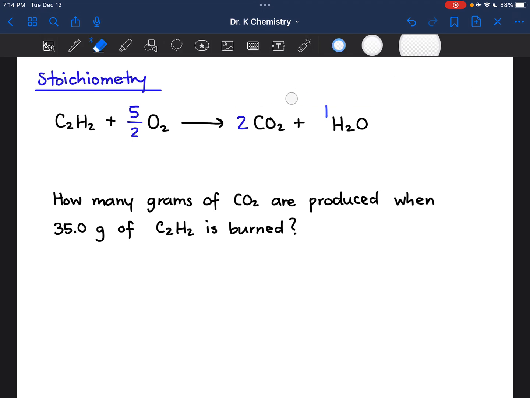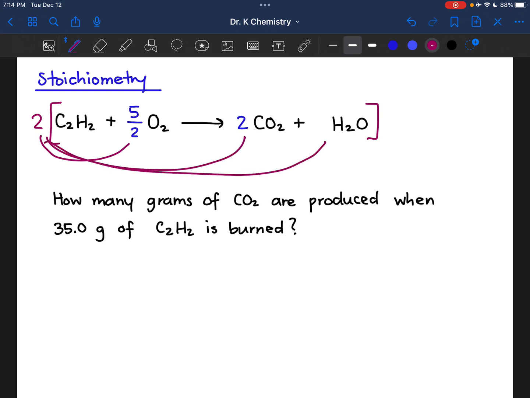Now, we can't leave the reaction the way that it currently is, because 5 halves of an oxygen molecule doesn't really make sense. We can't have half of a molecule. So to get rid of that fraction, I'm going to multiply the entire equation by 2, which means that every coefficient in that equation is getting multiplied by 2.